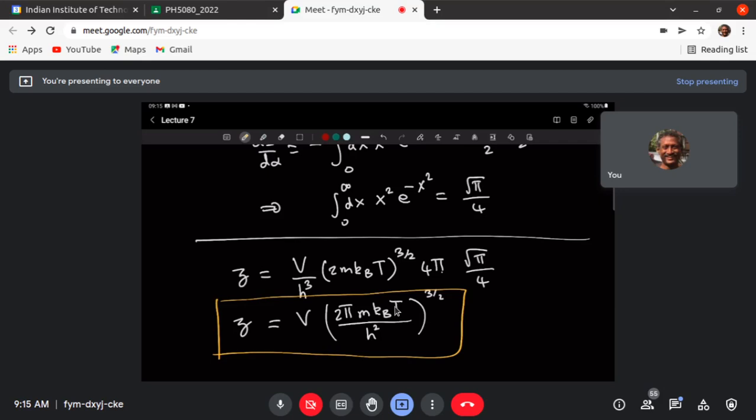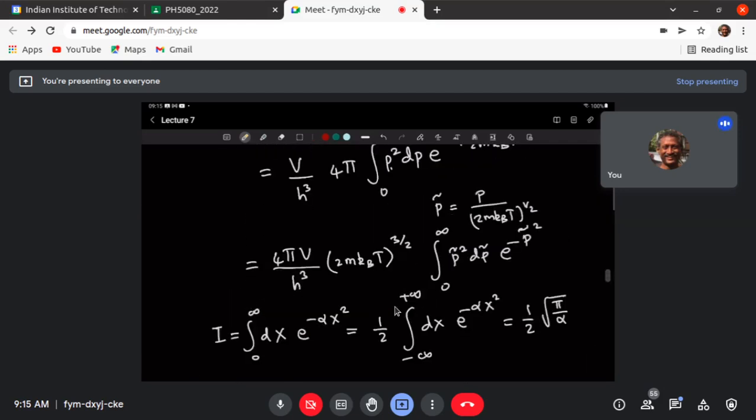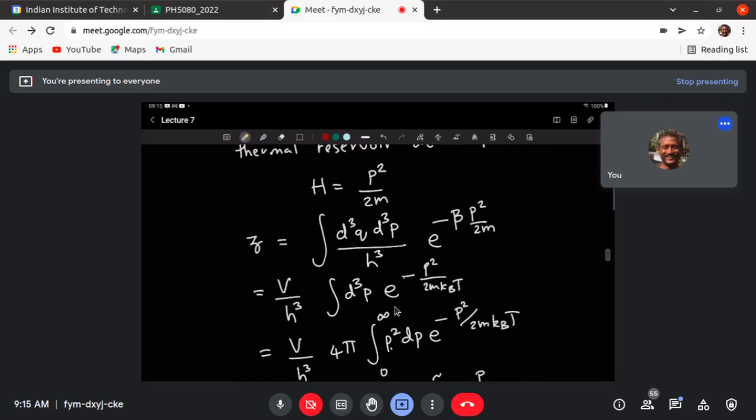Sir, could you explain how you got 4 pi and how the limit became 0 to infinity? That's easy. Let's look at this point here. p square is just the magnitude; p is just a magnitude. So d cubed p is dpx dpy dpz.